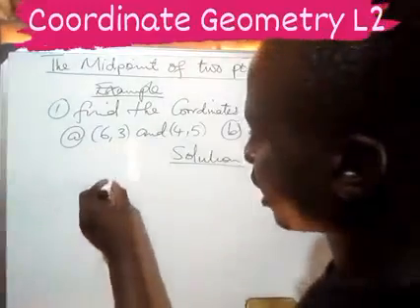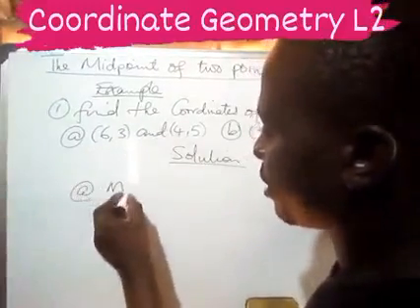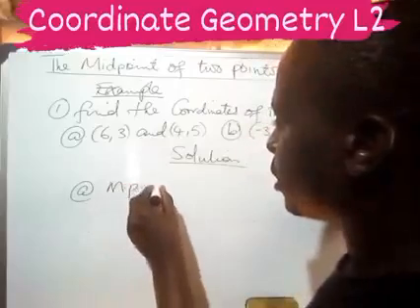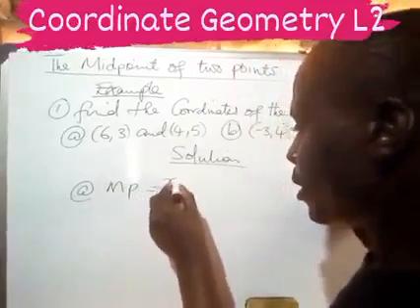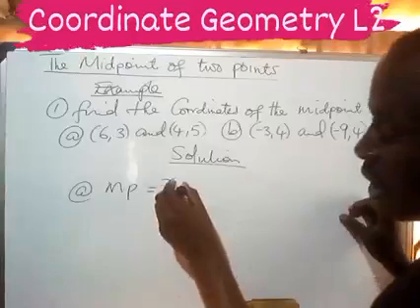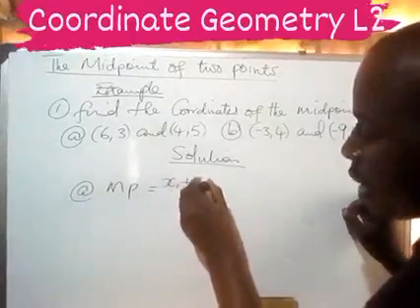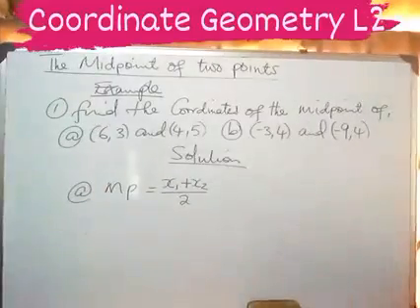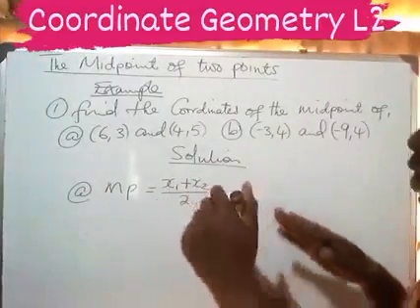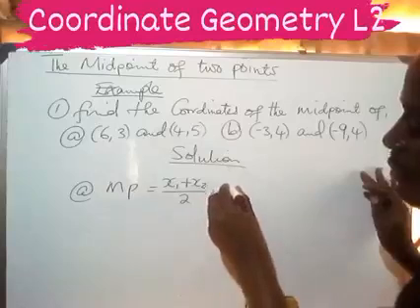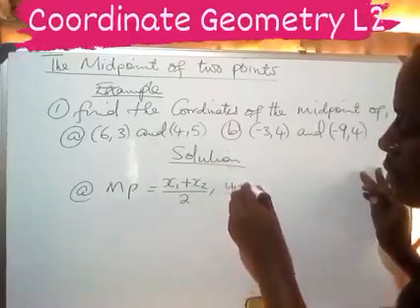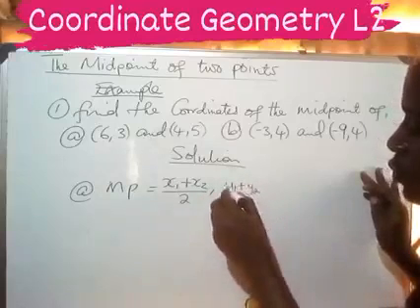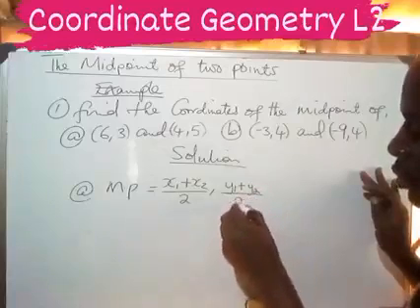Let us answer question number A. Midpoint is equal to the formula. Remember the formula? We say x1 plus x2 over 2 because it's the average, or we are dividing it by 2. Then we have y1 plus y2 over 2.